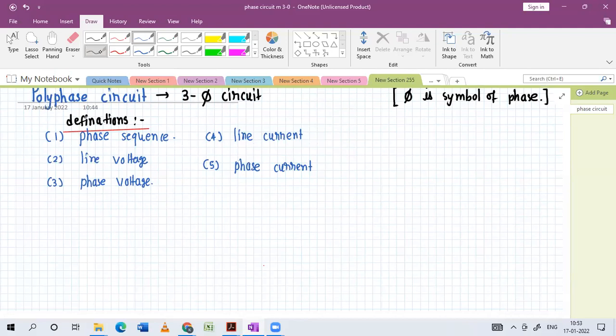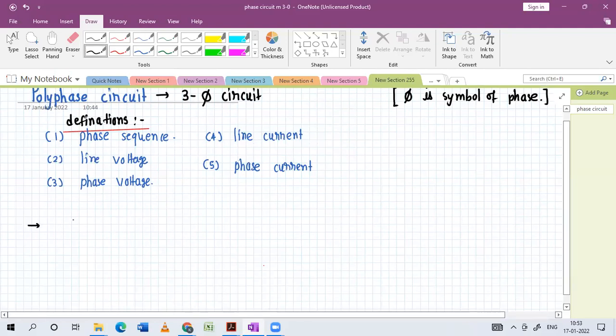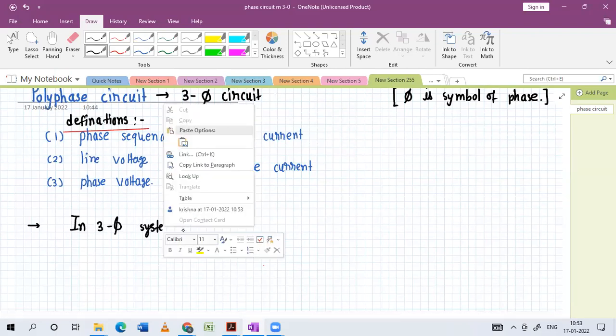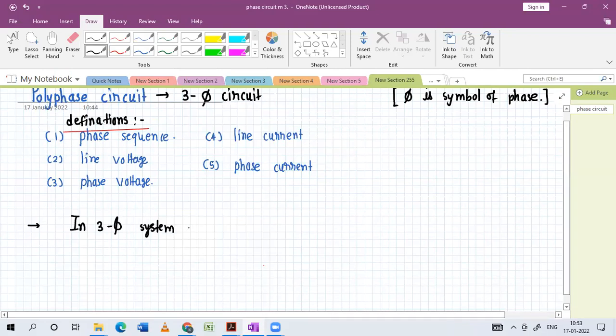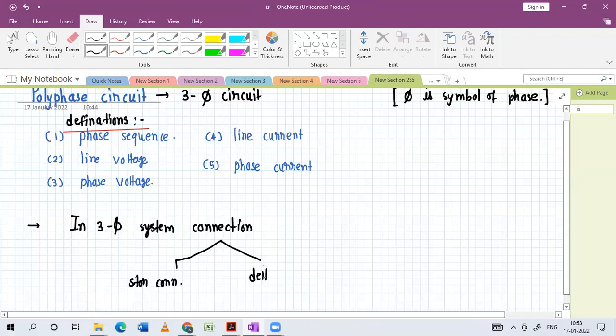And we have discussed that in a three-phase system, two types of connections are possible. One is called a star connection and the other is called a delta connection.